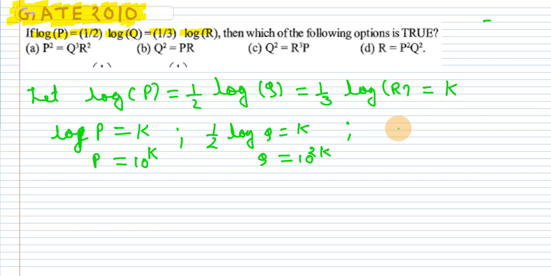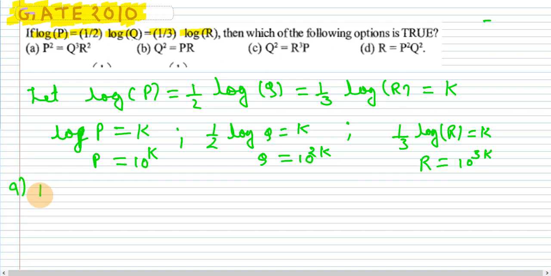Now we have to find the value of r from this log r. So r will be 10 raised to the power 3k. Now we have got the values of p, q, r, and we will check the options.